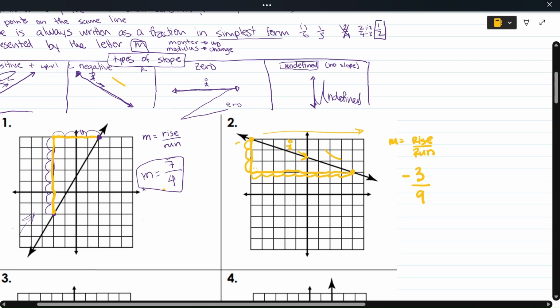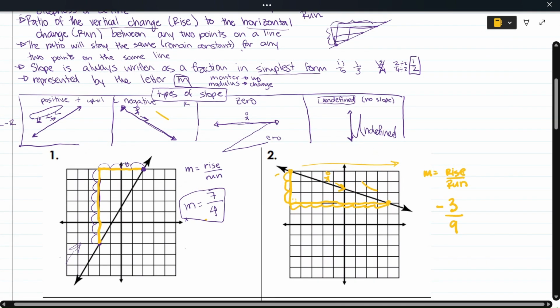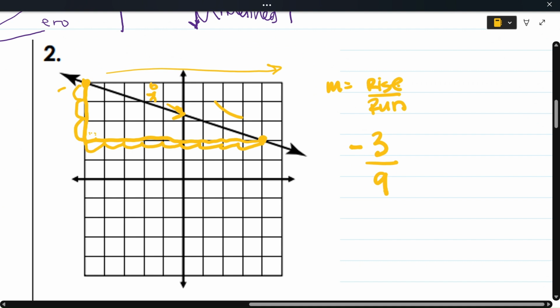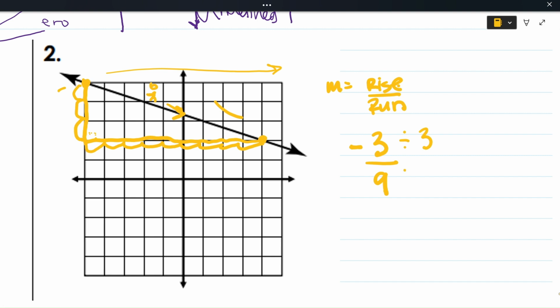And we're still not done here, because the last thing about slope is that it is always written as a fraction in simplest form. And this, unfortunately, is not in simplest form. So I'm going to go ahead and reduce that. To reduce that, I'm just going to divide it by my greatest common factor of these two numbers, which is going to be 3. If I didn't know that, I could list all of the factors of each one. Factors of 3 are 1 and 3.